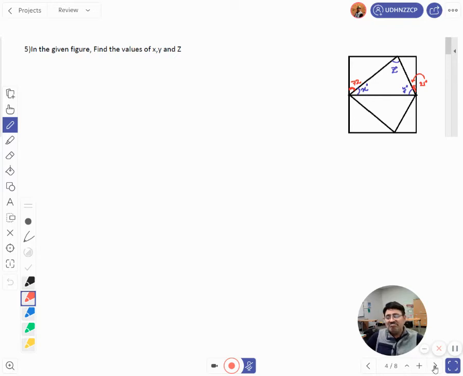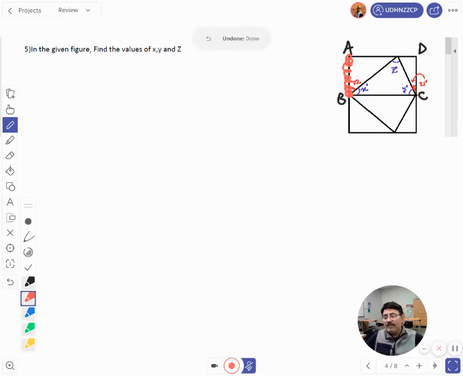If you want, I can say here A, B, C, D. May I say that AB is perpendicular to BC or not? Perpendicular means, please remember, 90 degrees, or as I mentioned before, don't forget the L shape. L shape means 90 degrees.